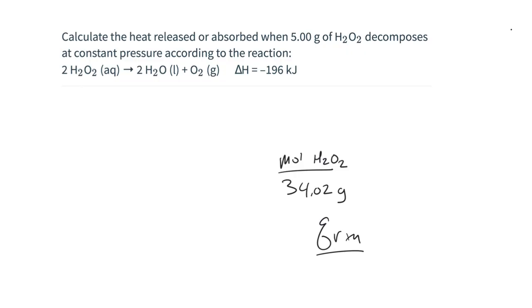So if you had said in this problem, what's the heat associated with forming 1 mole of O2 according to this reaction? Well, 1 mole of oxygen being formed from this reaction is the minus 196. So you can do this sort of problem with the perspective of forming so much mass of product or reacting so much mass of reactant in terms of just converting to moles and then using the proper coefficient of the delta H to that particular reactant or product.